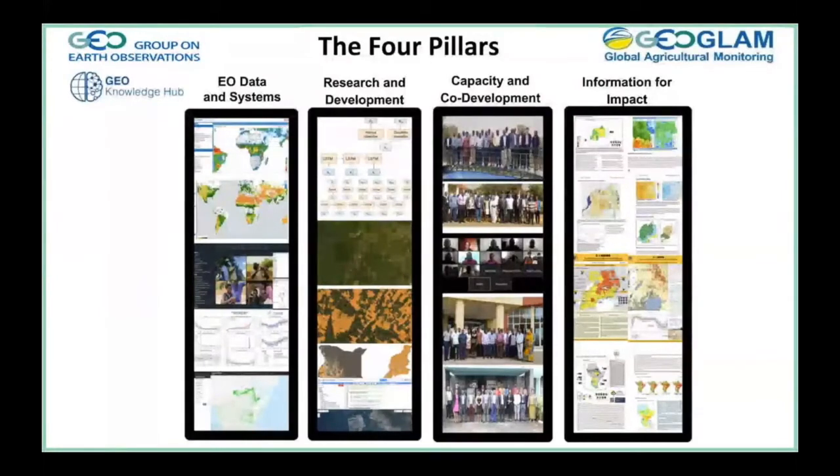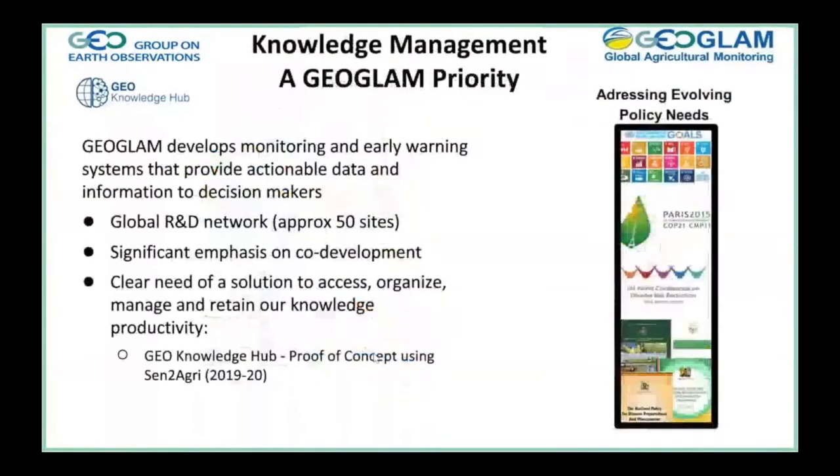So this has proven to be very effective and resulted in significant impact in terms of saving lives and improving livelihoods. We also found that implementing policies and programs proactively in these countries actually saves money in the end, as opposed to responding after the fact. So Geoglam develops monitoring and early warning, as I've pointed out.